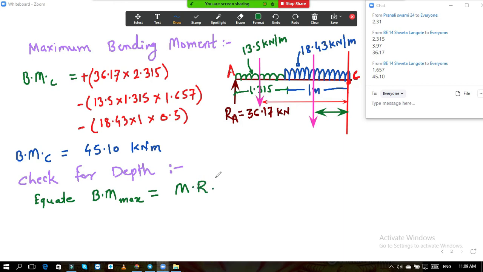You know that Fe415 is given, so the factor in your moment of resistance will be 0.138. So the bending moment is 45.10 into 10 raised to 6, which is equal to 0.138 into fck b d square, where d is d required.